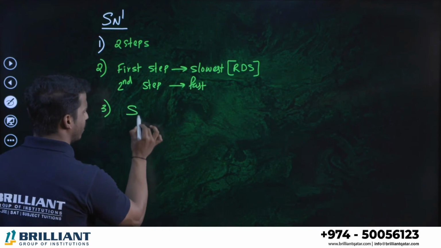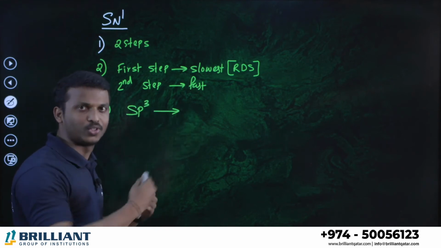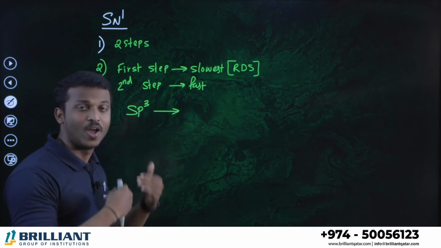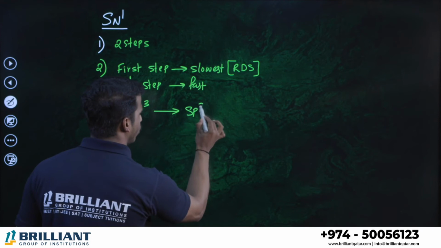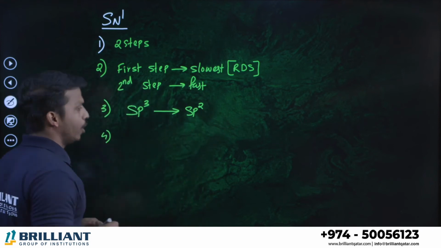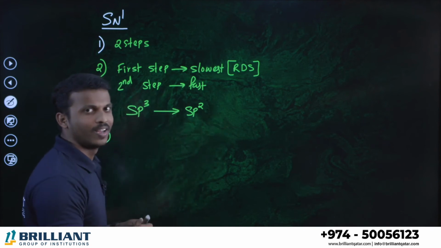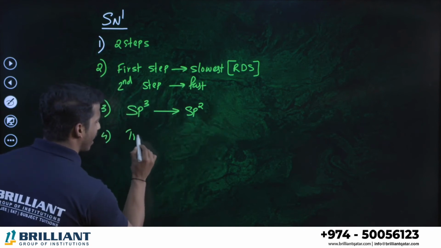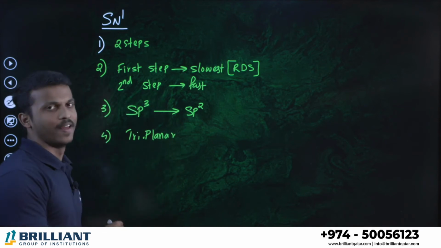It is sp3. After the halogen leaves and forms the carbocation, what is the hybridization of that carbocation? sp2. Alright. Fourth one. What is the shape of the carbocation formed? Trigonal planar.